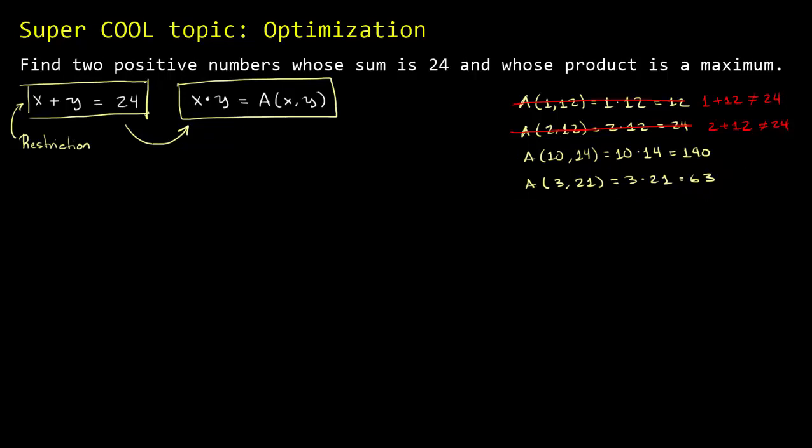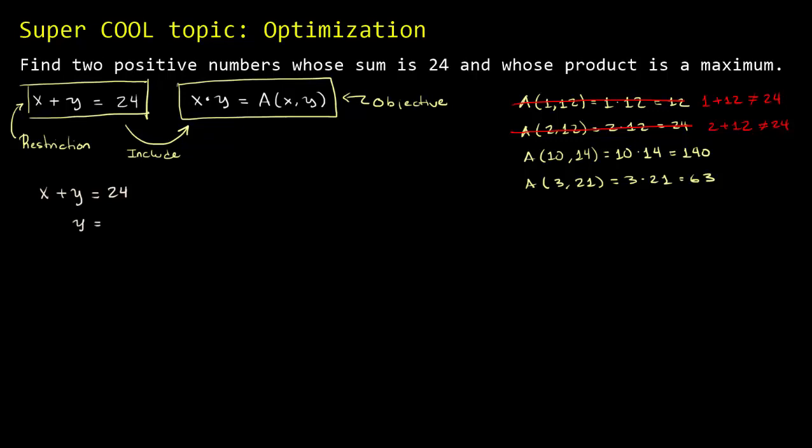So we have to introduce this restriction into this other area. I'm going to include the restriction into my objective, the function that we are going to optimize. So I'm going to pick this expression, x plus y equal to 24, and in other words, I'm going to solve for one of the two variables.